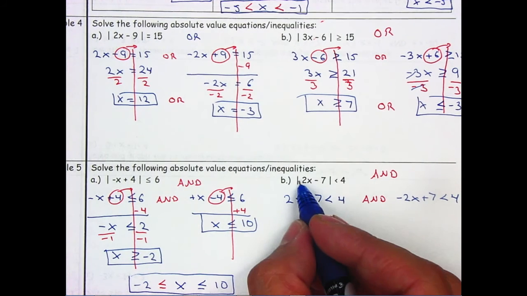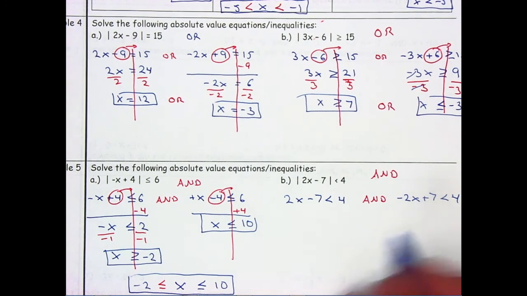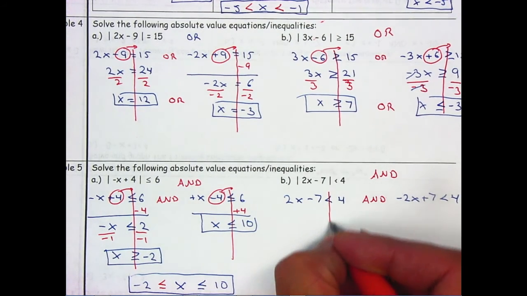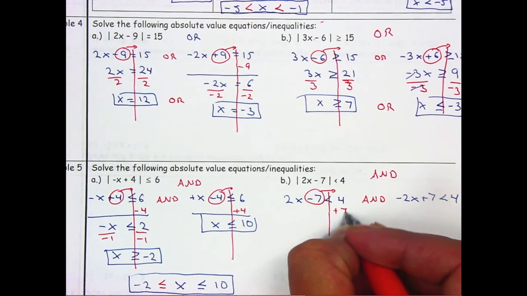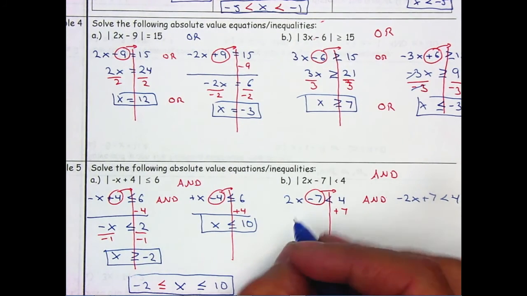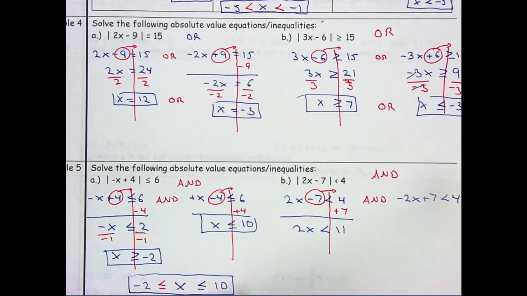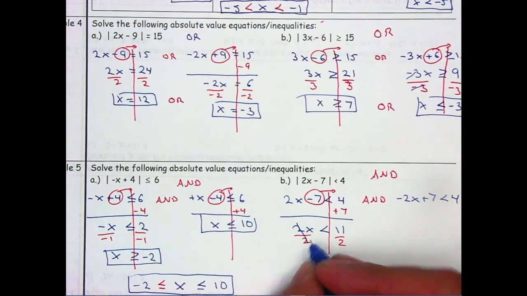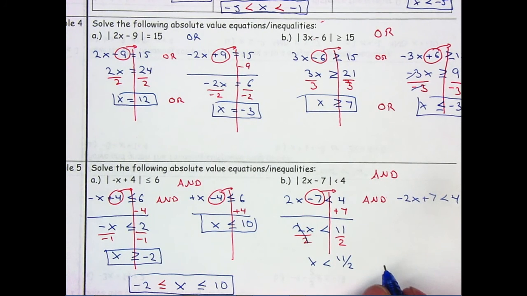Remember, whatever's inside the absolute value has to be changed to the opposite. I'm now going to move my 7 to the right, becomes a positive. That'll be 2x is less than 11. I'm going to divide by 2. That cancels. So x is less than 11 halves, or 5 and 1 half.